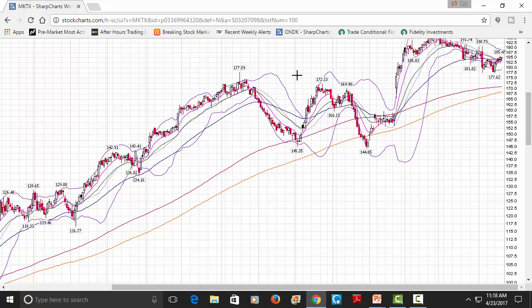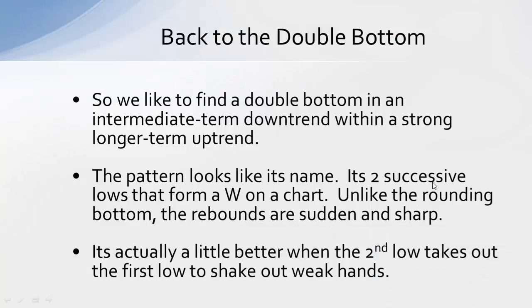A very interesting entry point would be a breaking of this intermediate-term downtrend back to the upside, if we're playing this long-term uptrend to the upside. But I just want to point out and review the short-term, intermediate-term, and long-term uptrends that we defined earlier in this course. Now, getting back to the double bottom pattern.